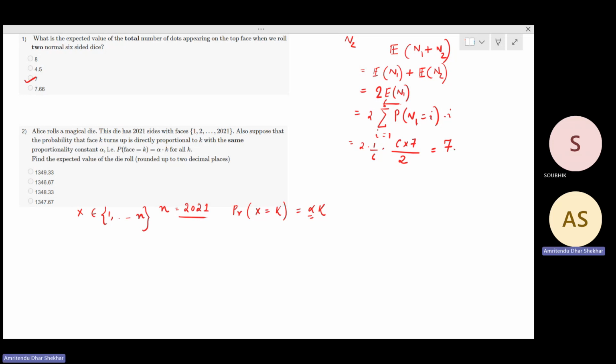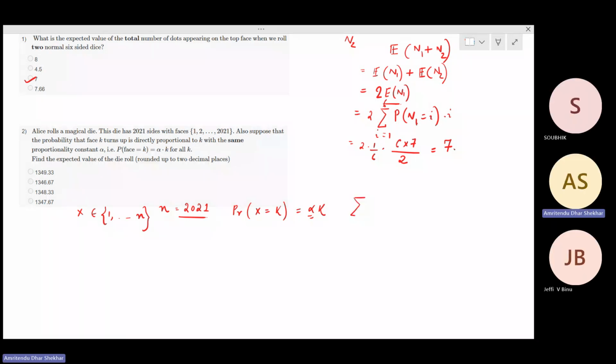So what is the expectation of X is the question. So first of all, this constant alpha has to be determined. In particular, we know that the sum of the probabilities should add up to one.